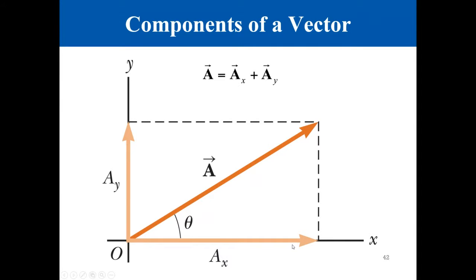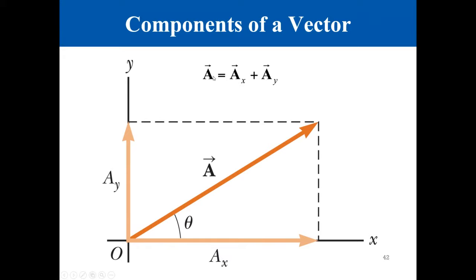We can calculate it using trigonometry. AX equals A, magnitude of A multiplied by cosine theta, and AY equals A multiplied by sine theta, because this length is the same as this length. So from this triangle, this length AY is equal to A sine theta.